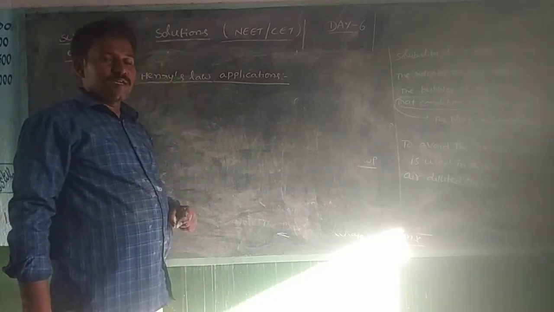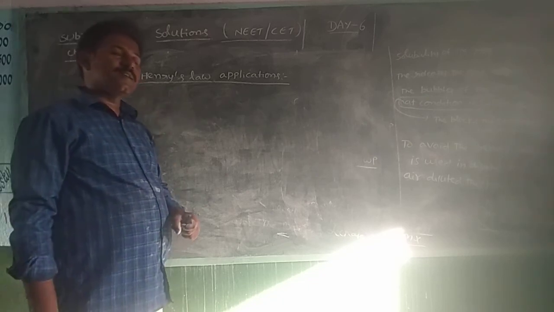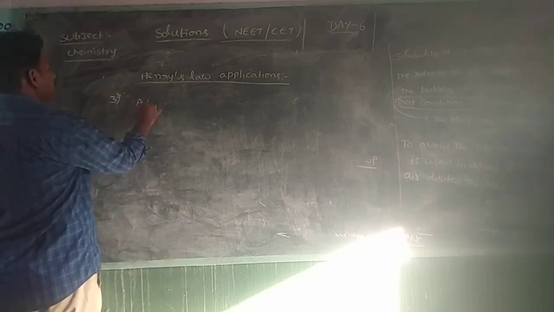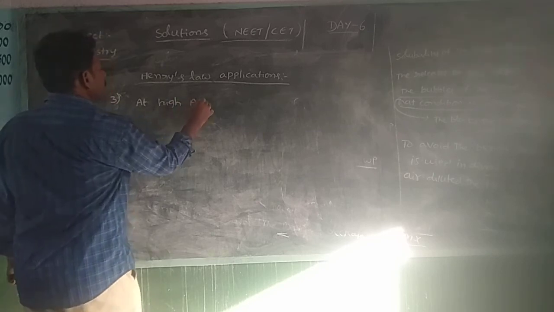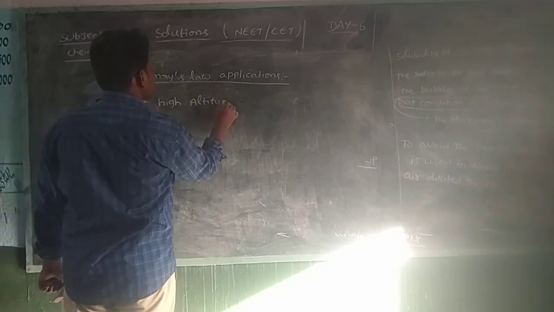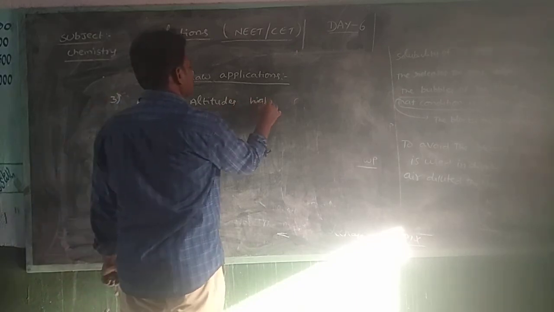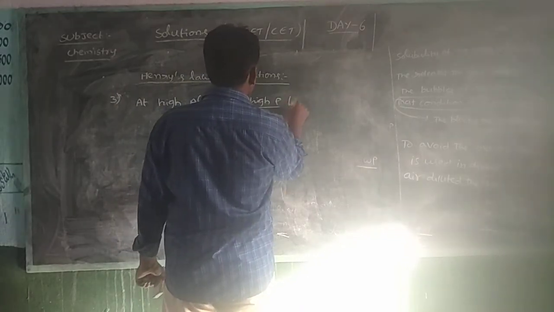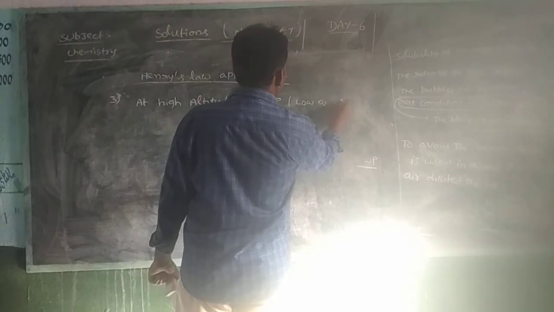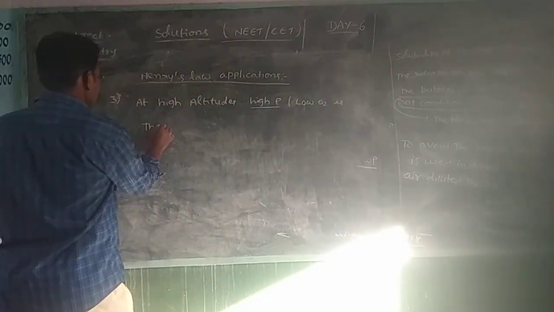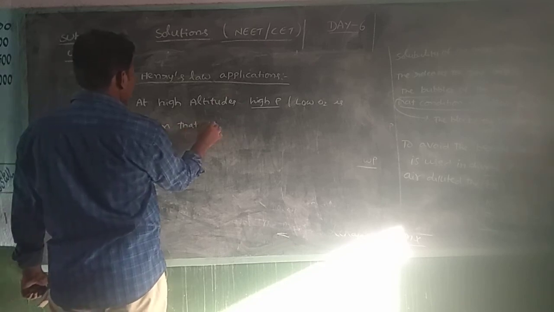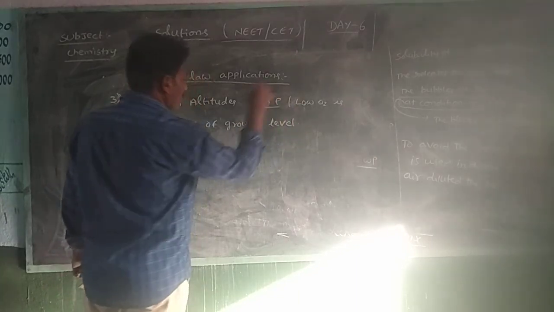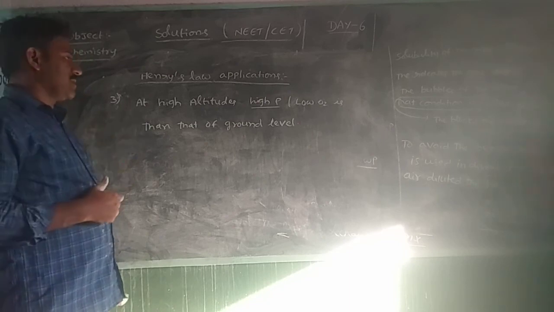At high altitudes, the oxygen pressure is less than at ground level, that means low oxygen compared to ground level.